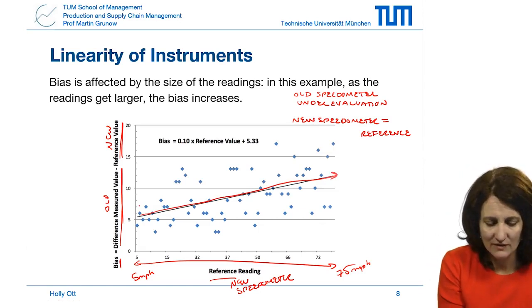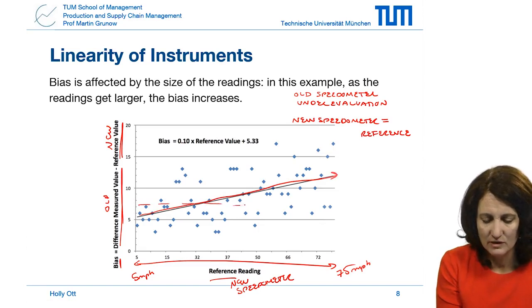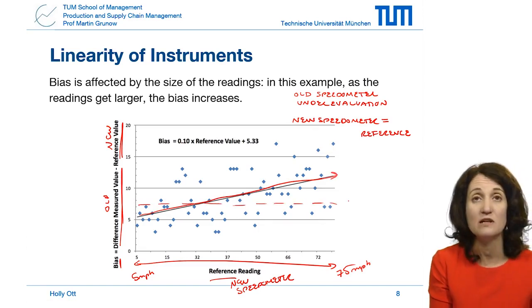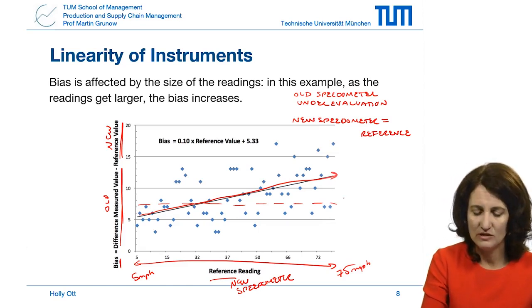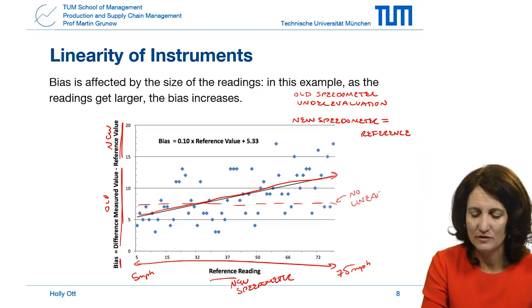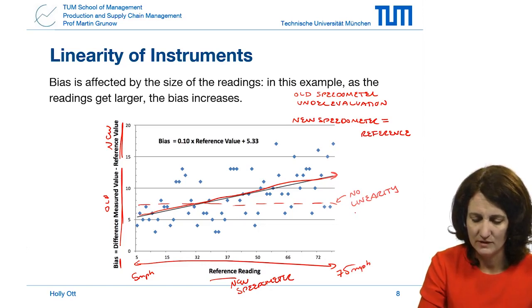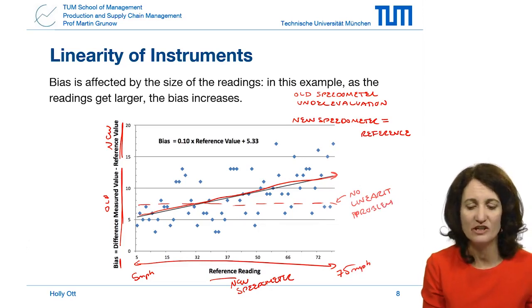Now, if we didn't have a linearity problem, we could have a constant bias. It means they're not reading the same speed, but we always have the same difference. So this would show no linearity problem, a stable, no linearity problem. It's stable over the entire range of values.